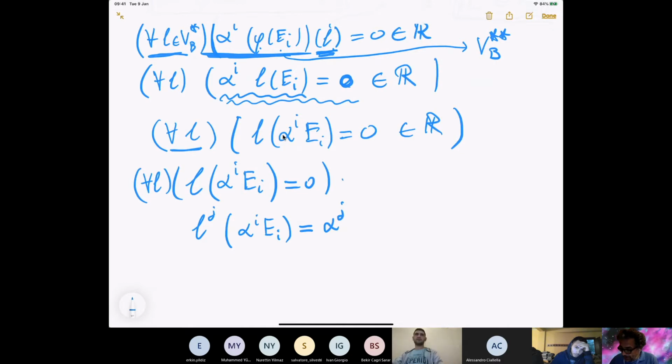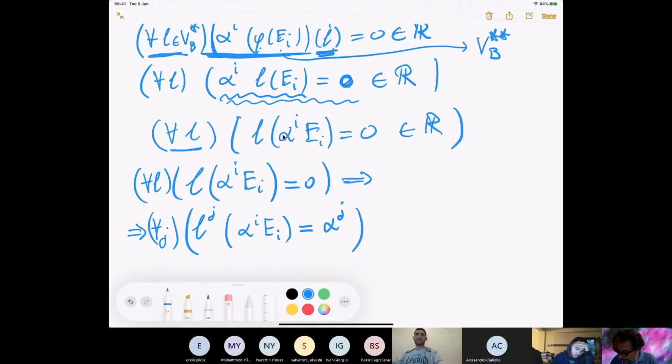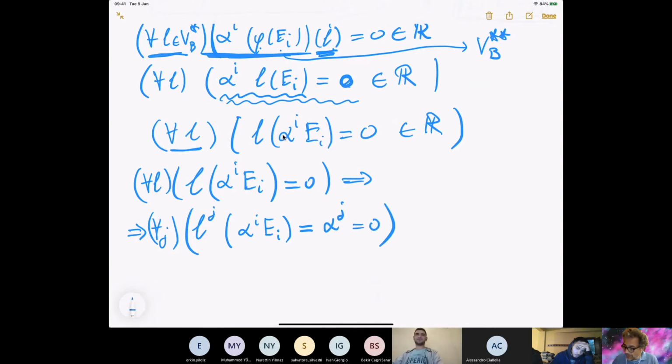In particular, for every j, we have this. And this is 0. So at the end, we have proven that for every j, alpha_j is 0.